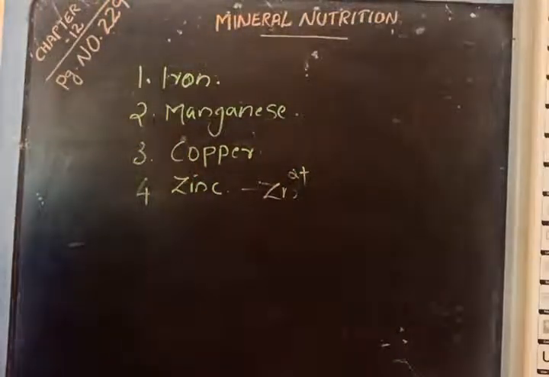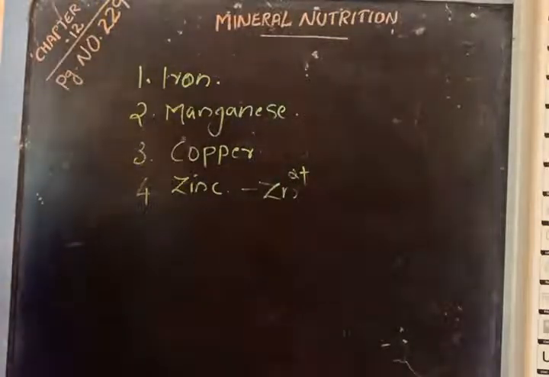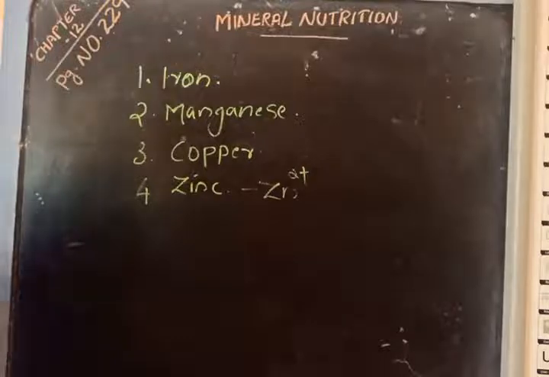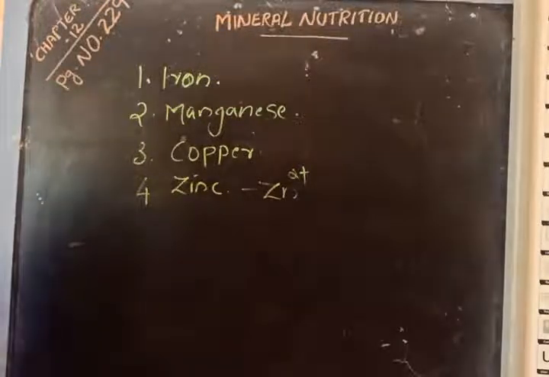The deficiency symptom of zinc is little leaf and mottle leaf due to deficiency of auxin. We already discussed that zinc is responsible for the activation or the synthesis of auxin. So if zinc is deficient, the activity of auxin ceases, and little leaf and mottle leaf is formed.